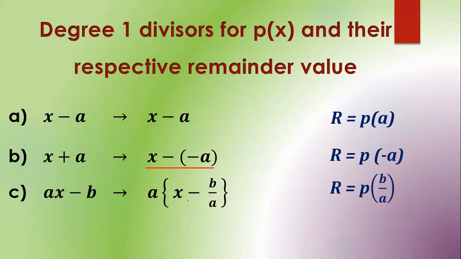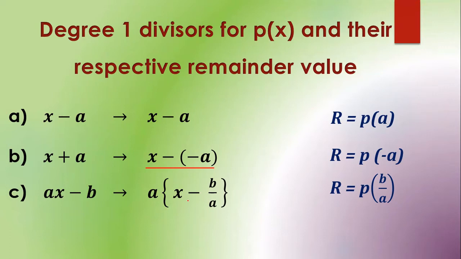Here b is any constant term, and a is also any constant term. After getting the value p(b by a), the final value that we obtain by applying it in polynomial p(x) will be the actual remainder when the polynomial p(x) is divided by the divisor ax minus b.